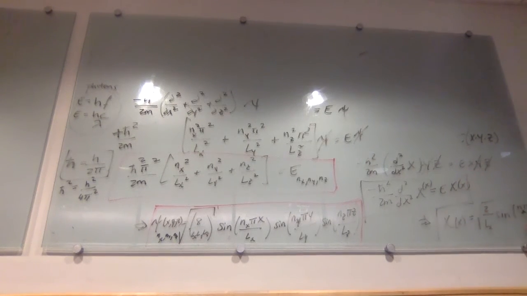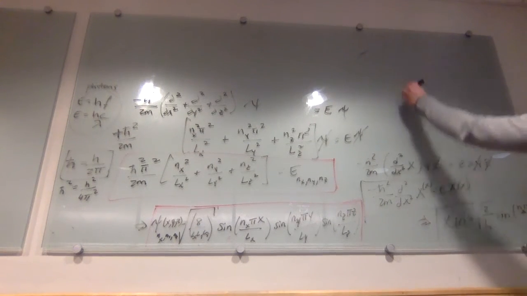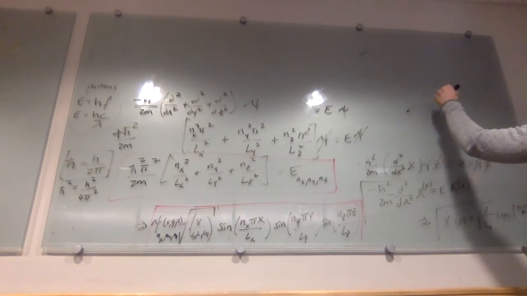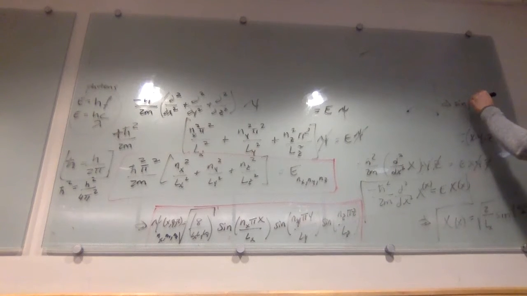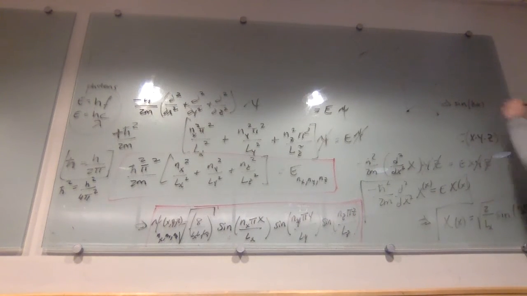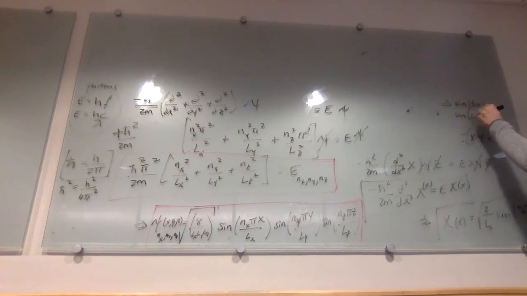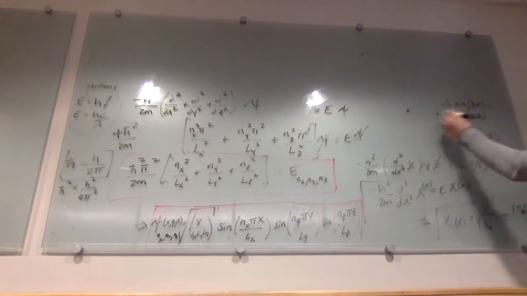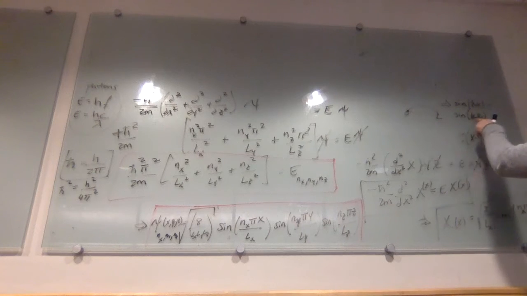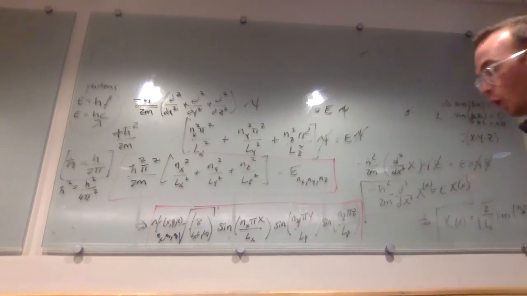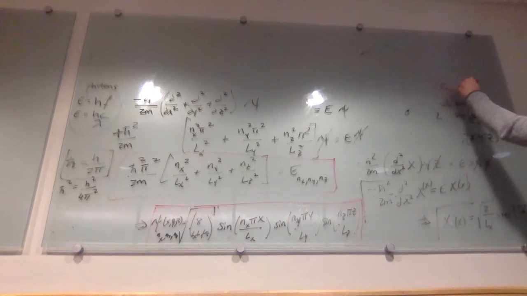You saw that the quantization condition, the fact that the wave function had to go to 0 at the ends, meant you had to have a sine function, sin(kx), and then the fact that sin(kL) had to be 0 gave you that kL had to be n pi. So remember this whole thing. This is where the quantization comes from.